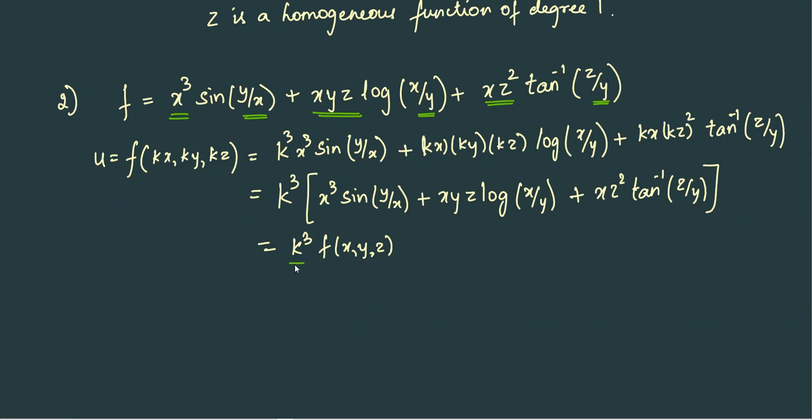The same we get here, even by replacing x, y, z by kx, ky, kz. So f is a homogeneous function of degree 3. That means every term is of degree 3.